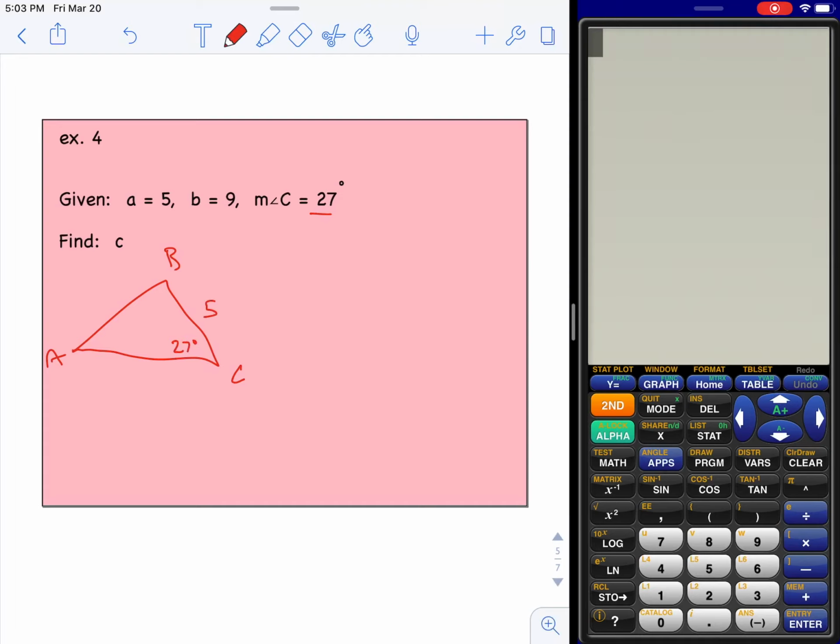Side A is 5. Side B is 9. Okay, well, I have side angle side. I know that's one of those good ones, so I'm fine. I don't have to worry about multiple triangles. And I've been asked to find side C. So this is what I want.